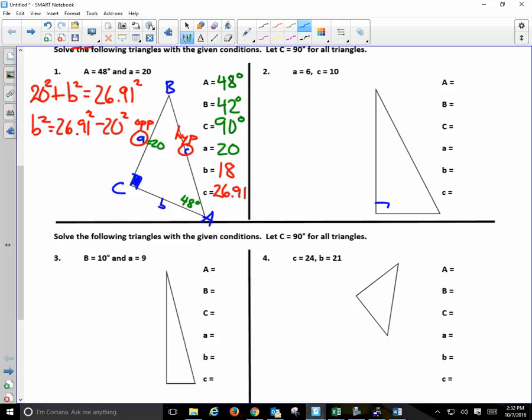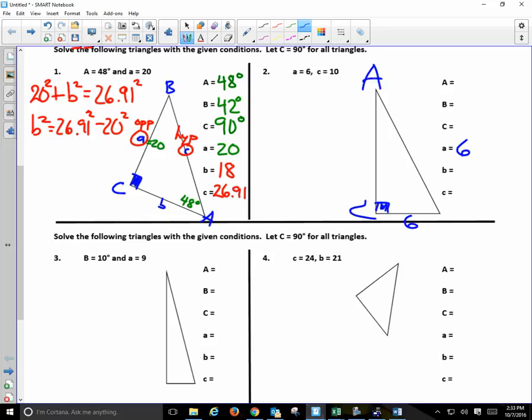Right angle. C is 90 degrees. Tell me more. Where? I don't know where to put that. Where do you want me to put it? Right here? Okay. Oh, you want 6 on the bottom. I like that idea.